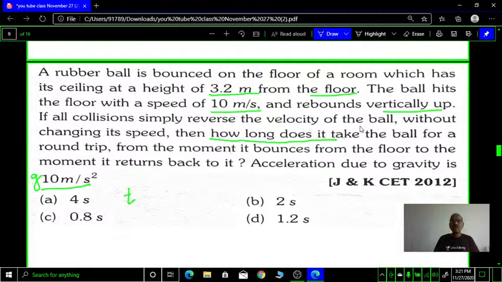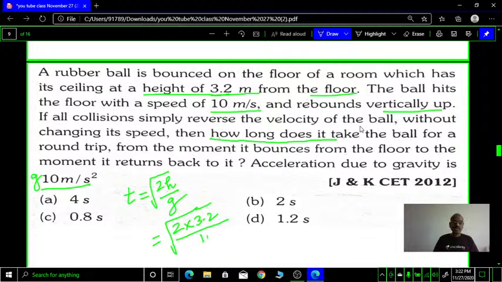We know, in kinematics also you learned, time period equals square root of 2h by g. That's it. Here clearly it is given, 2 into height. The ceiling height is given, when the ball dropped on the floor. The ceiling at a height of 3.2, by g.